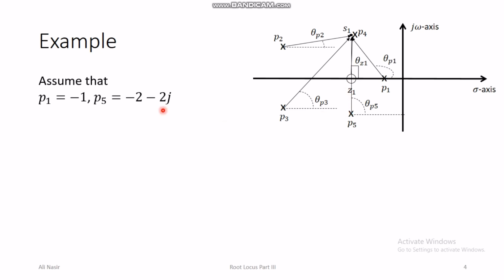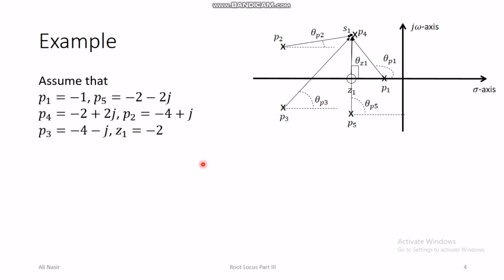Let us assume that p4 is the complex conjugate of p5, and then p2 is -4 plus j. -4 means the horizontal distance is -4 and the vertical distance is 1. So p3 is the complex conjugate of p2, and z1 is at the -2 location.